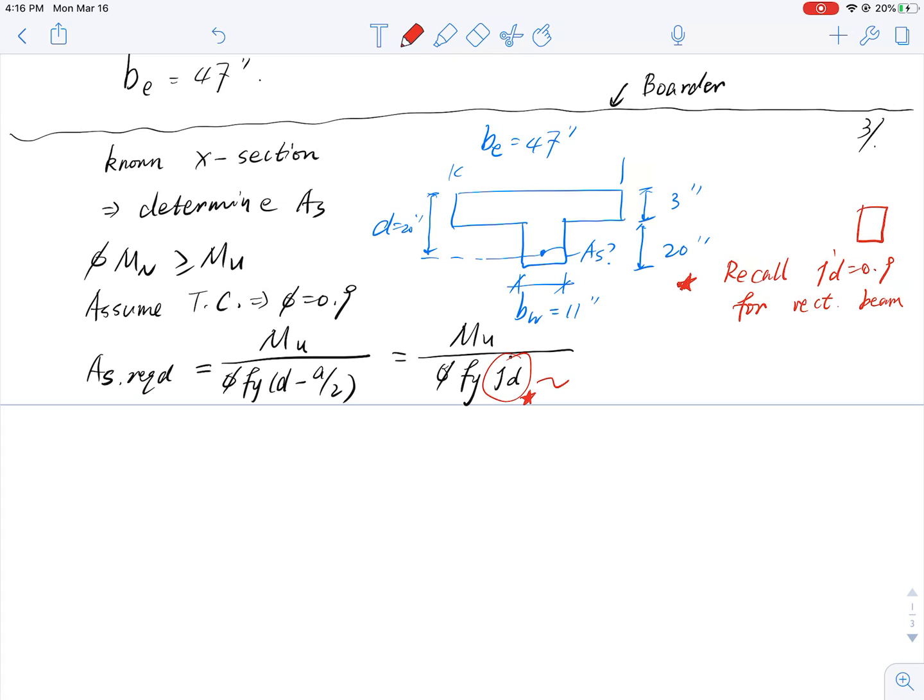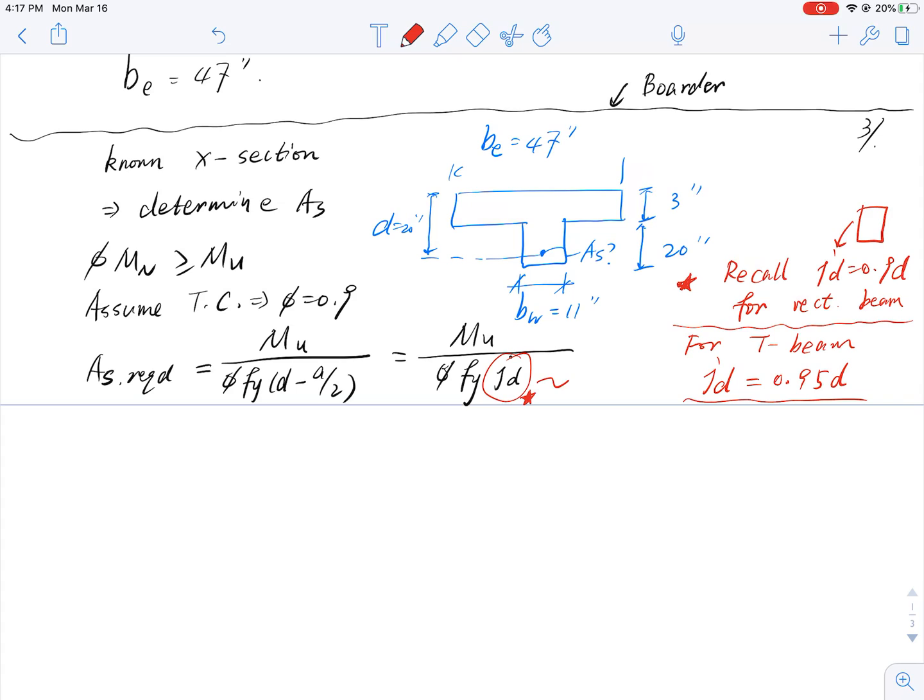Okay, so I'm gonna put a square here. Recall the difference for a T-beam: jd is a little bit different. jd is actually equal to 0.95 d. Sorry, this is d, 0.95 d.